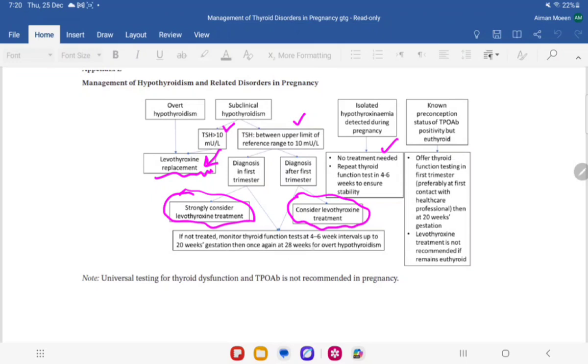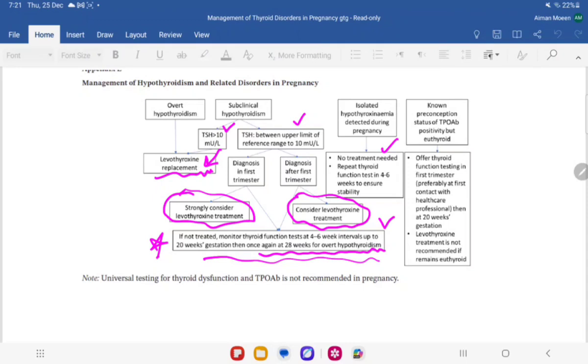Monitor the thyroid function at 4 to 6 weeks interval up to 20 weeks, and then once again at 28 weeks for overt hypothyroidism. Okay, this monitoring is specifically for those who are not on treatment. Because they are overt hypothyroidism but not on treatment, you need to monitor.